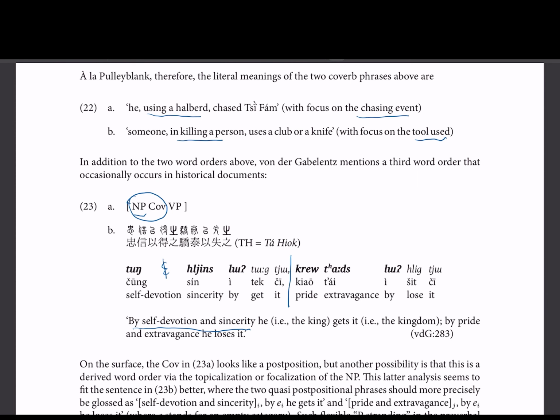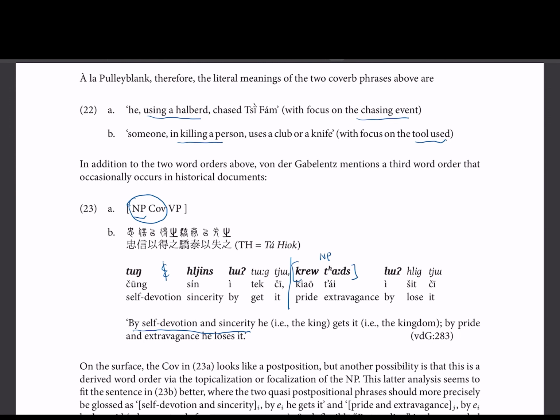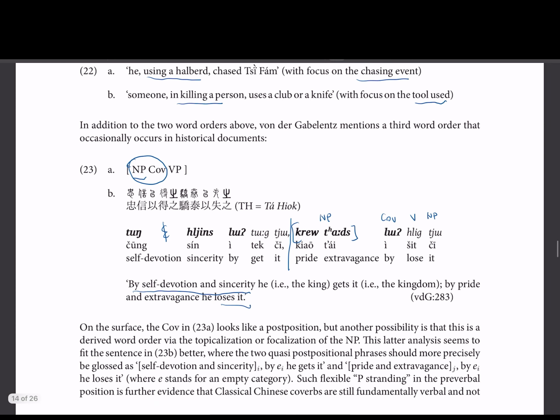And the second half of the sentence has exactly the same structure. We have another coordinate phrase, then we have the coverb, and then we have the main verbal phrase, fleek do, lose it. So putting these components together, we get the overall meaning of the second half of the sentence. By pride and extravagance, someone loses something. So on the surface, the coverb in 23a here looks somewhat like a post position.